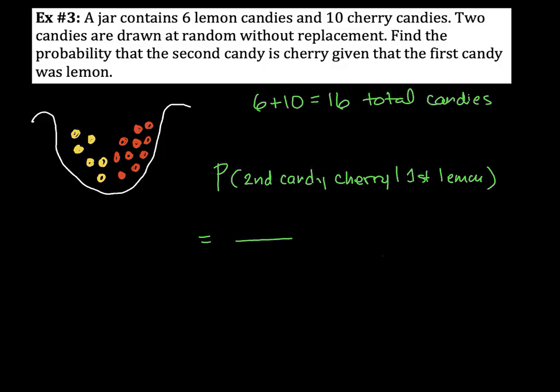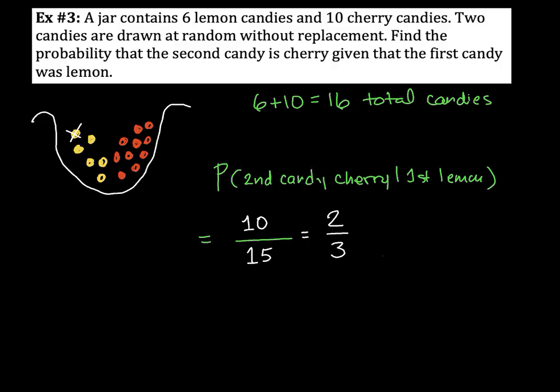We already know the first is lemon, so we're going to go ahead and cross out lemon. That one's been pulled out. So instead of a total of 16 candies, you now have 15 that I'm drawing out of, and so my cherry is now 10 out of 15, and that is 2/3.